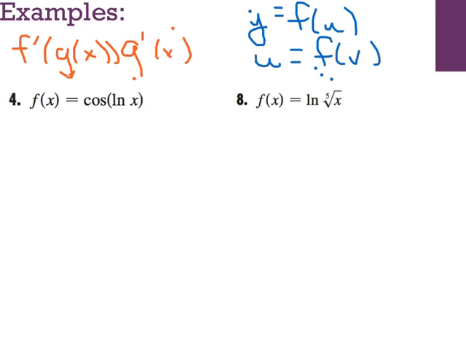Usually at least 3, sometimes only 2 functions, finding dy du, du dv, dv dx, and so on, and multiplying them together. So use either method for all of these problems, and I'm just going to do enough of them so that you can tell when the new rule is involved.